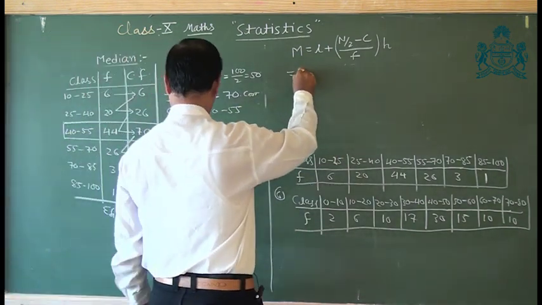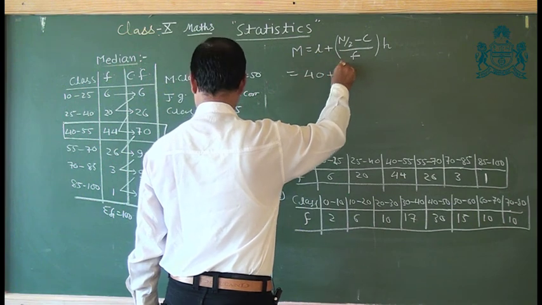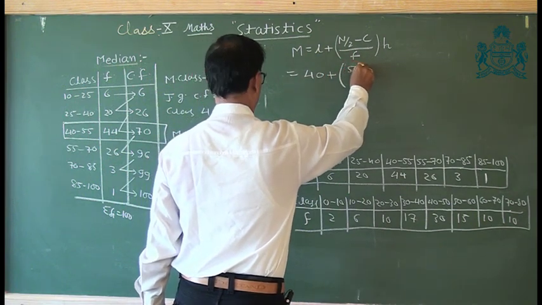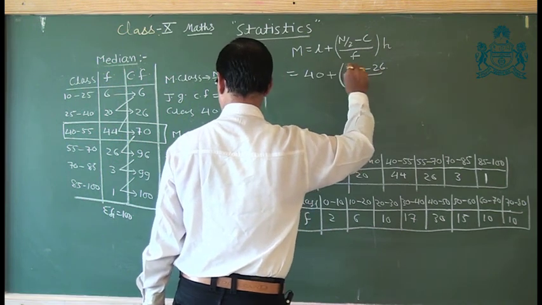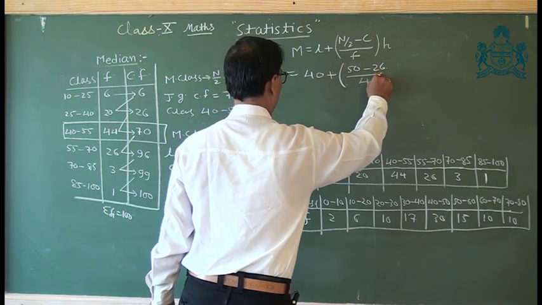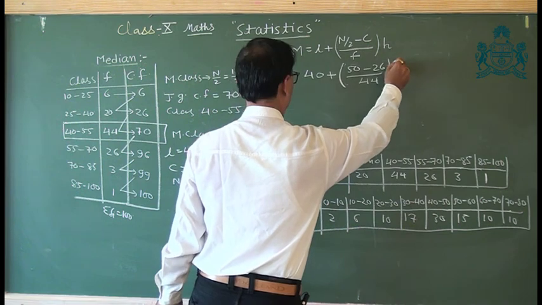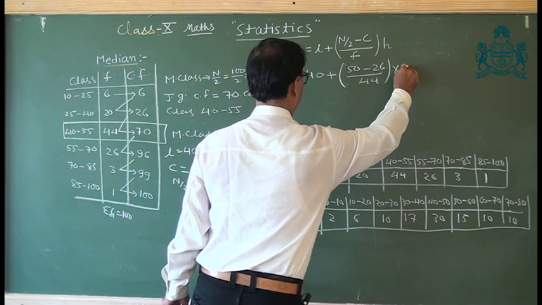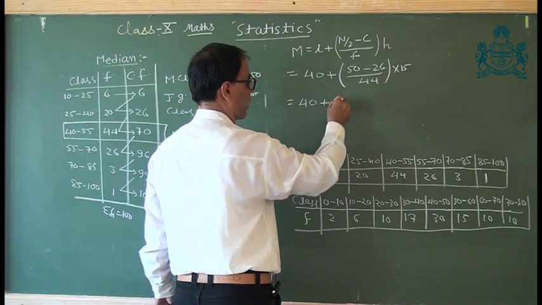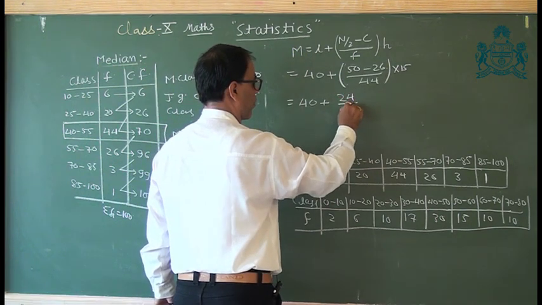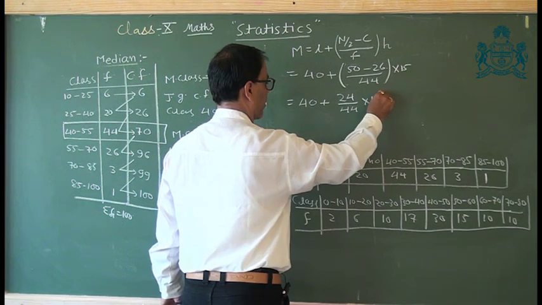L is 40, n by 2 is 50, cumulative frequency C is 26, frequency F is 44, and H is 15. 40 as it is, subtract 50 minus 26, 24 upon 44, multiplied by 15.